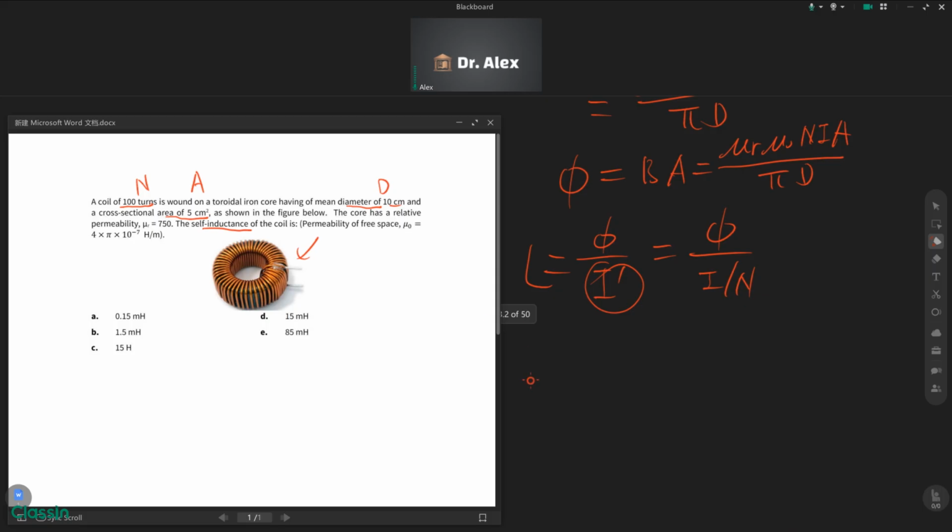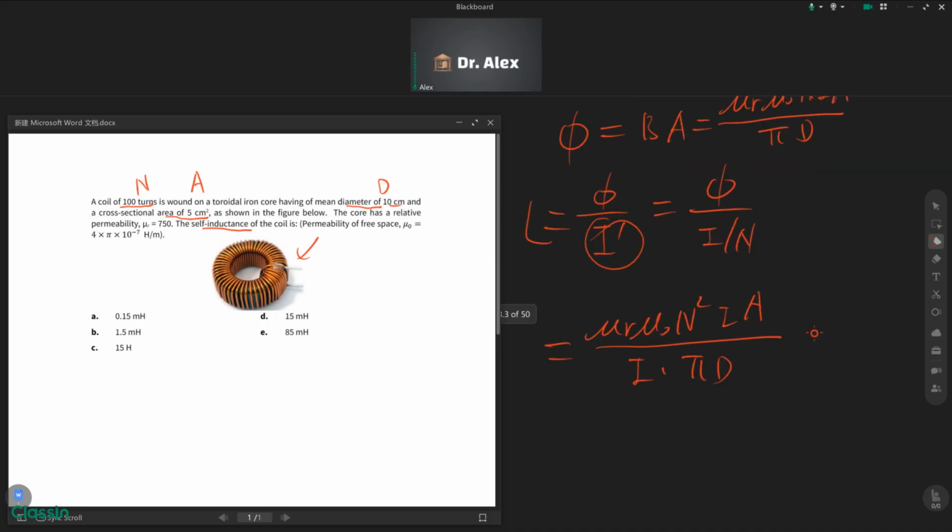So we can get the final result, which is like this: mu r mu 0 n square I times A divided by I times pi d. The lucky thing is we can remove this I.